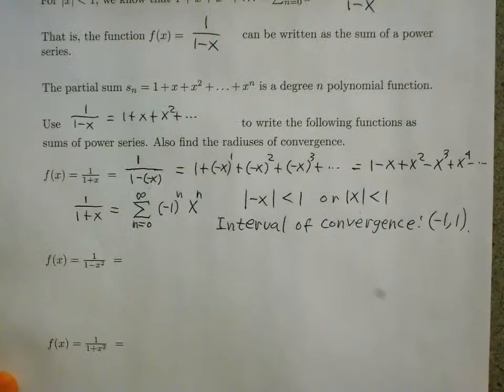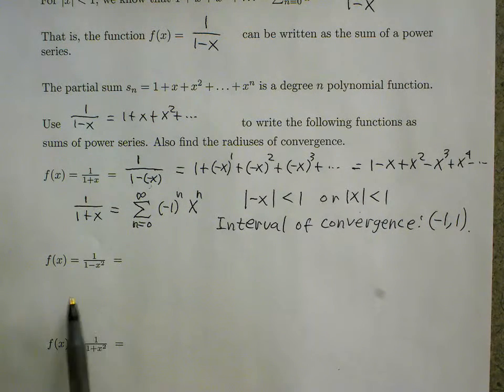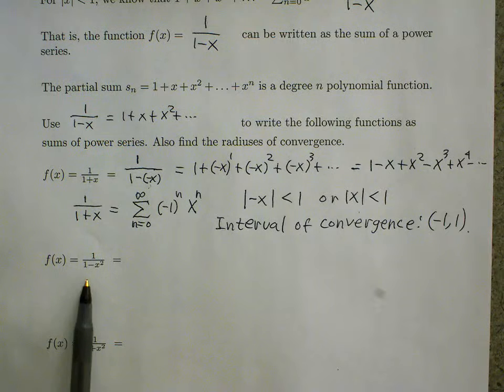Okay, so you can probably tell me what to do for the next one. We want to find a power series representation for the function. It's just a rational function, 1 over 1 minus x squared.